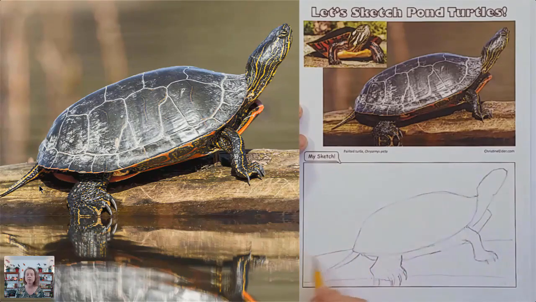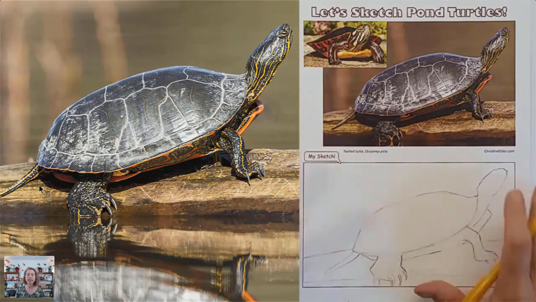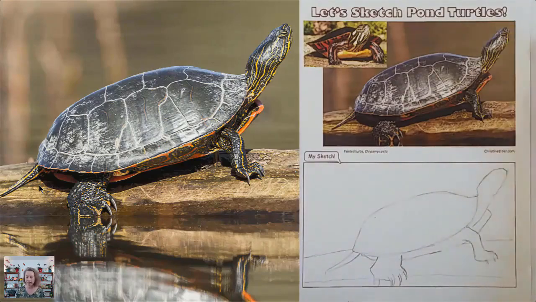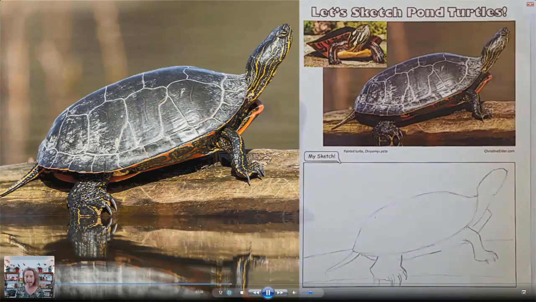Okay, anyway, now I'm just really quickly indicating that log that he or she is sitting on. And so now that we do have all of the parts just basically on there, like the foundation of a house, now we're going to get some more details. So now I'm going to work on the head some more, go back to that.